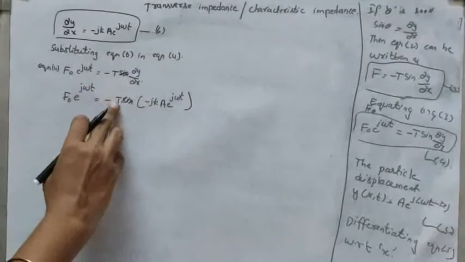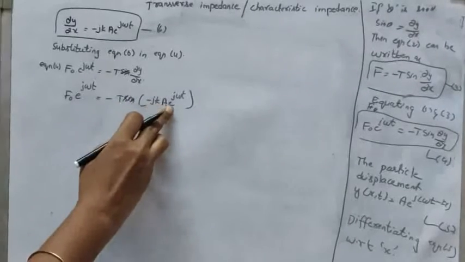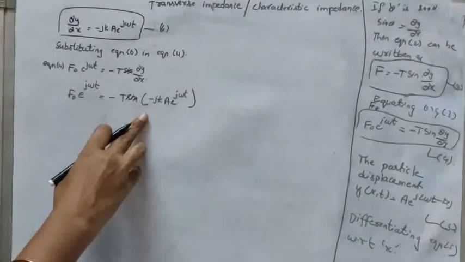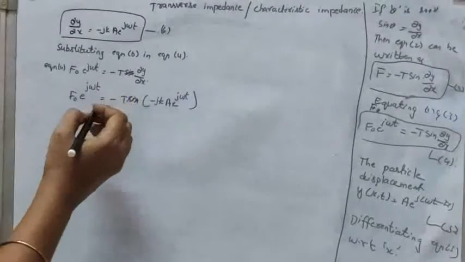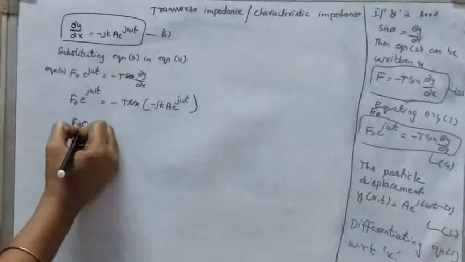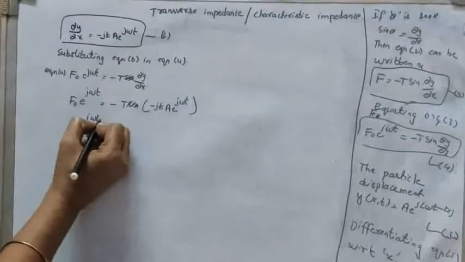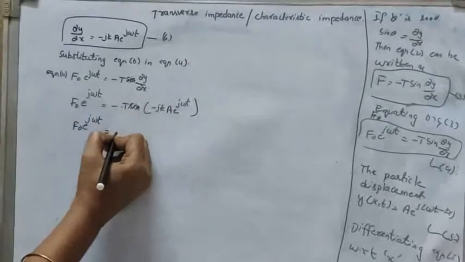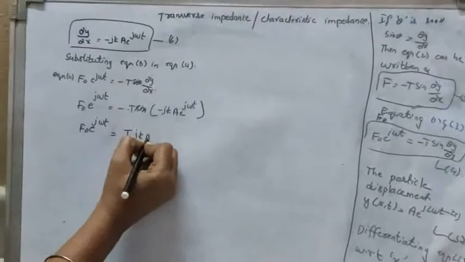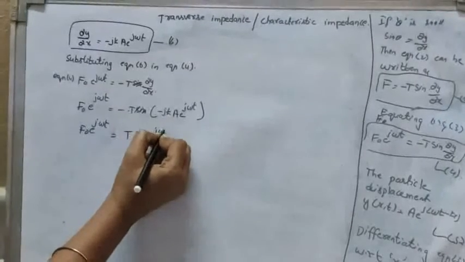So you will get minus T into minus j k A e power j omega t. Now minus times minus gives the plus term. So F naught e power j omega t is equal to plus T j k A e power j omega t.